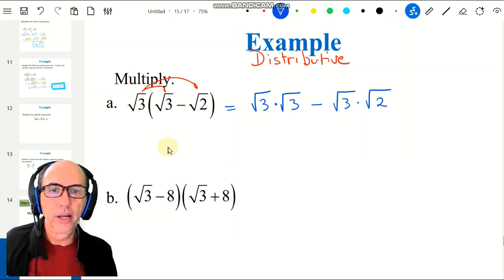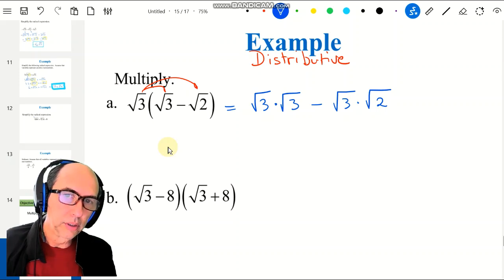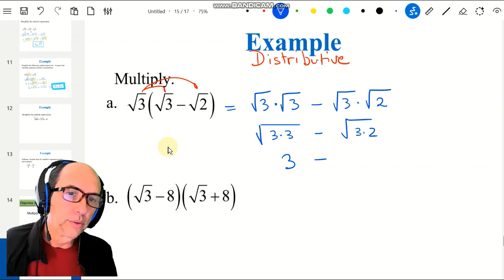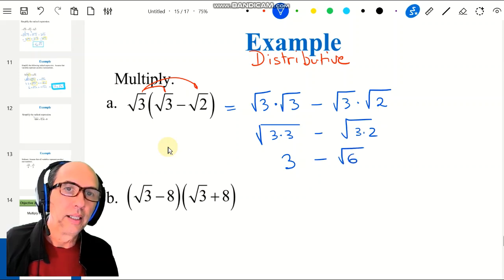And by property of radicals, the product rule, you can write this as square root of 3 times 3 minus square root of 3 times 2. Right? This, of course, square root of 9 is 3, and square root of 6. That's the answer.